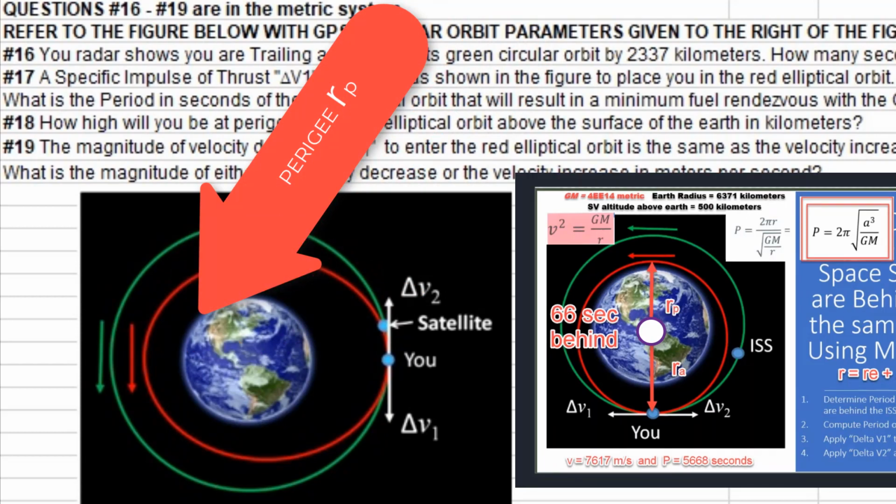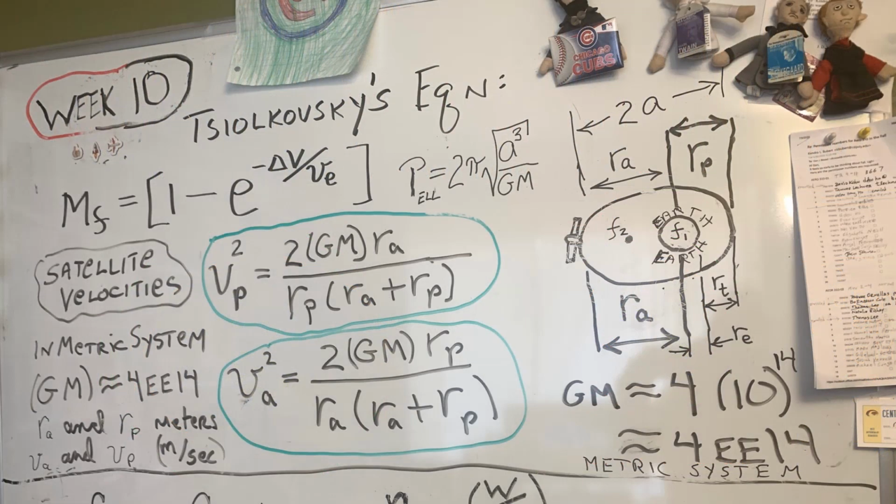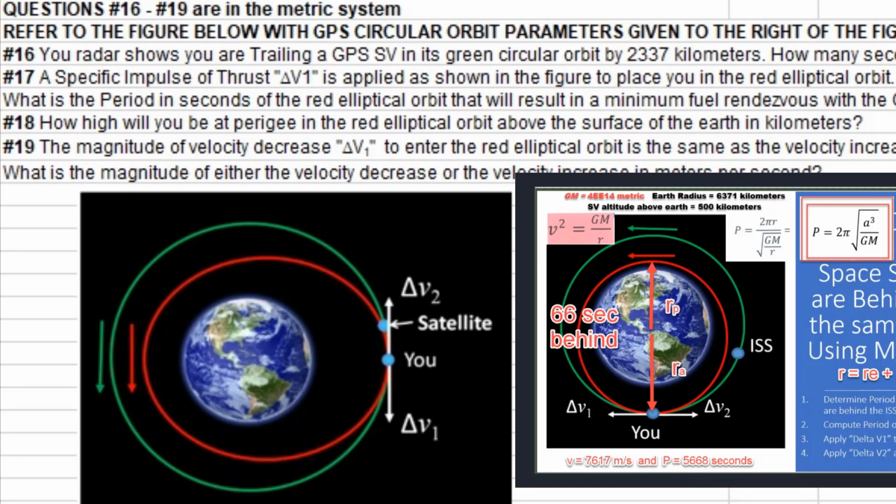Now once you know RA and RP for the red elliptical orbit, you can use the formulas that we developed in class, or that are on my board behind me, for the velocities that depend on RP and RA. Those two formulas will give you the velocity at the apogee and at the perigee of the red elliptical orbit.